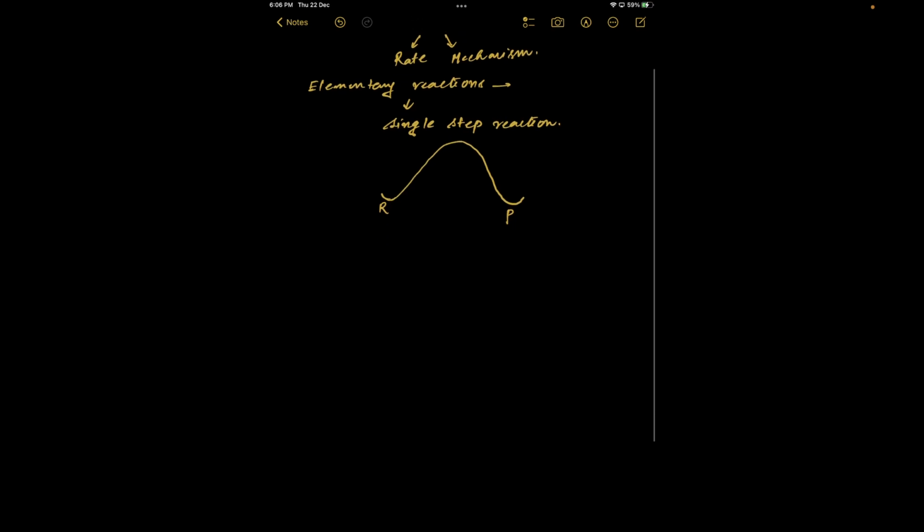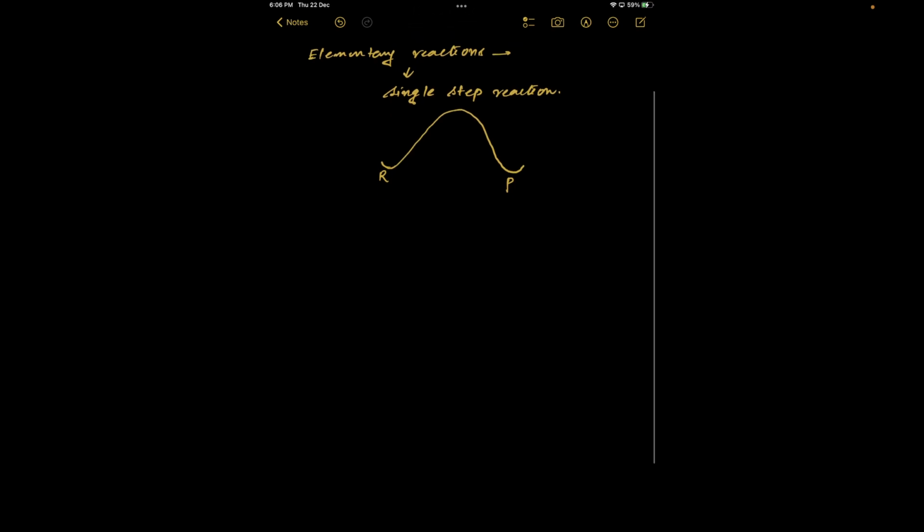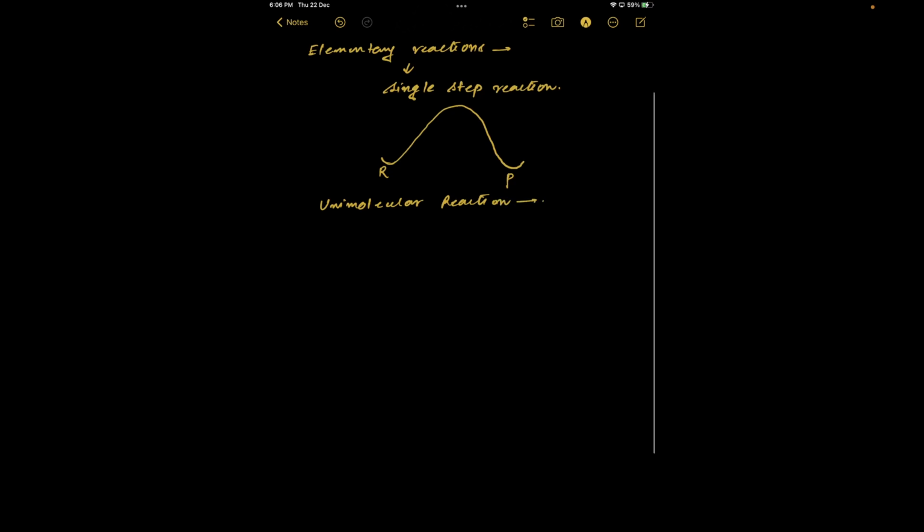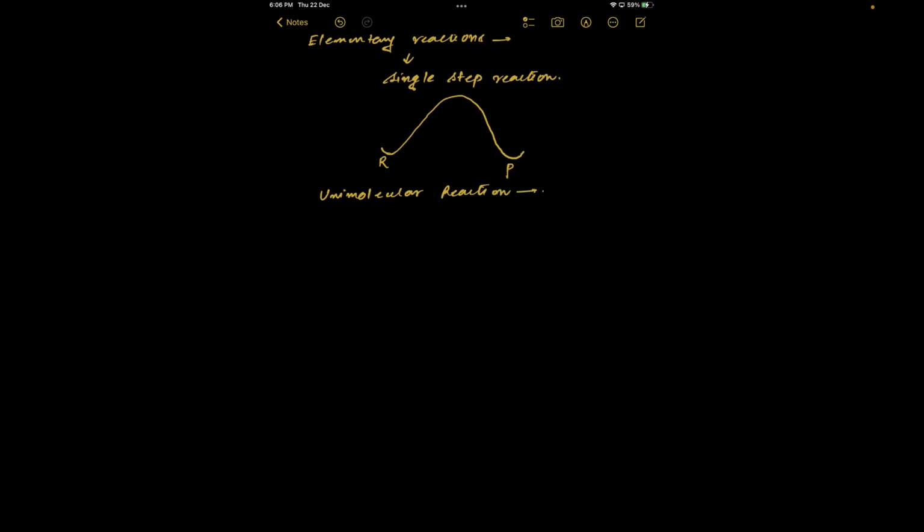And for an elementary reaction, in the rate expression, the order of the reaction is equal to the molecularity of the reaction, right? So let's say for a unimolecular reaction, only one type of molecule is participating in the reaction process.